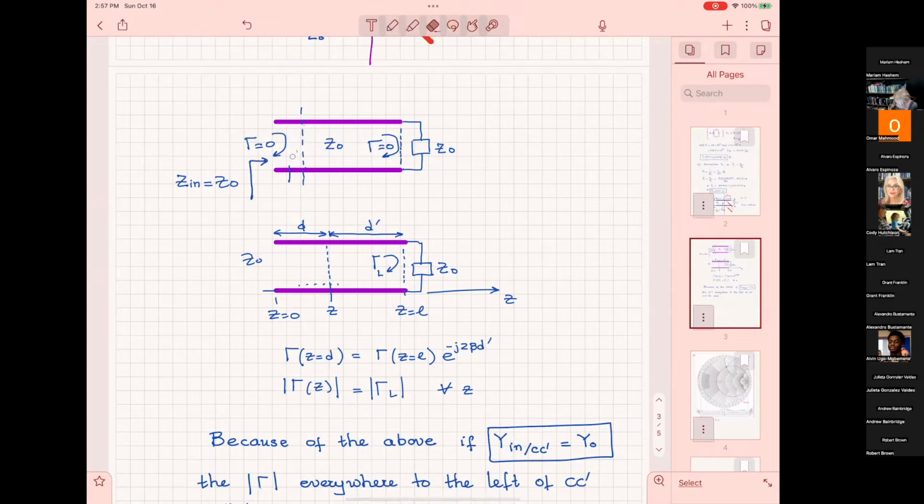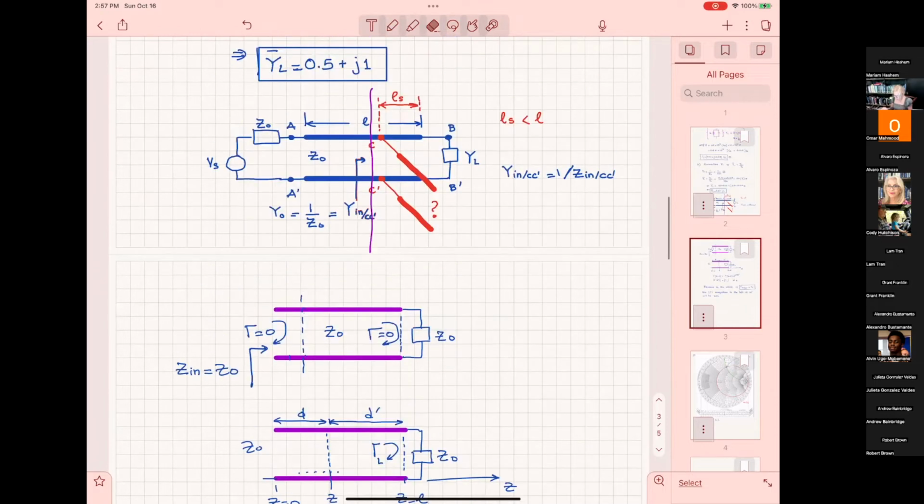And because this is the same as the source impedance, if this condition exists, my input impedance here is going to be Z naught, and therefore, under these circumstances, I will have a perfect match to the load here. That's what it implies.